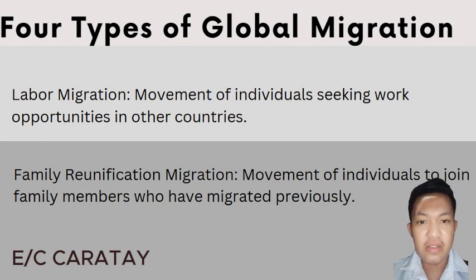International migration, when individuals move from one country to another for work. This could be temporary or permanent migration. Internal migration, movement within a country, often from rural to urban areas in search of employment opportunities.